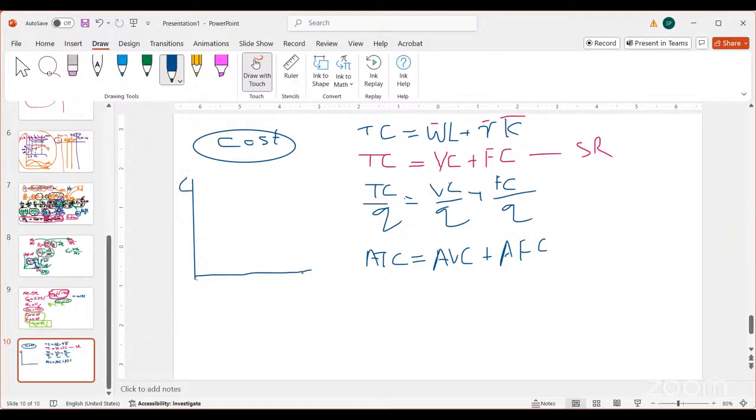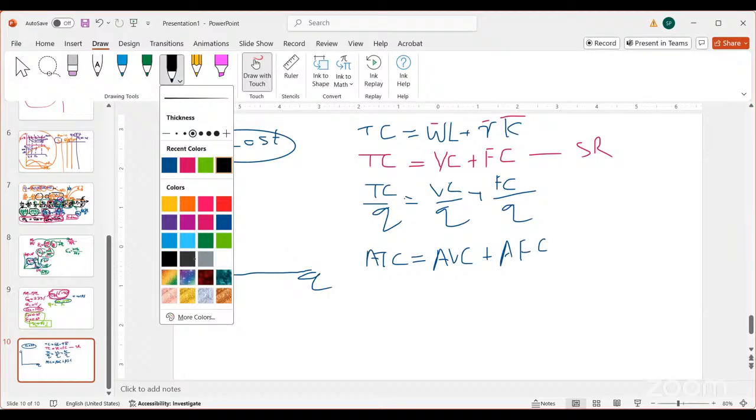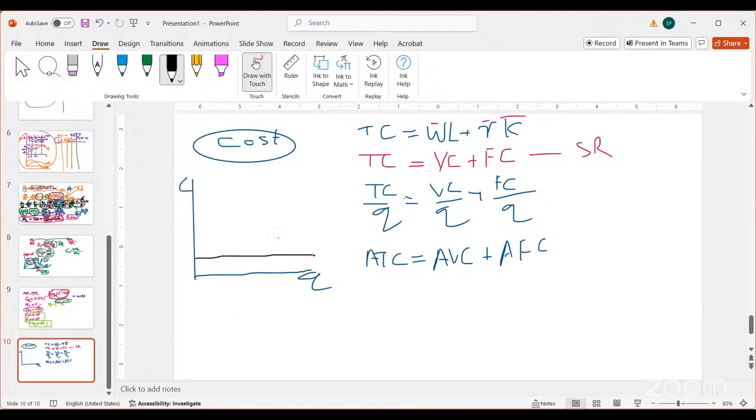Now, if you look at the total cost as a function of Q, we have a component as fixed cost in the short run, we have the component variable cost, and fixed cost and variable cost together, we have the total cost.